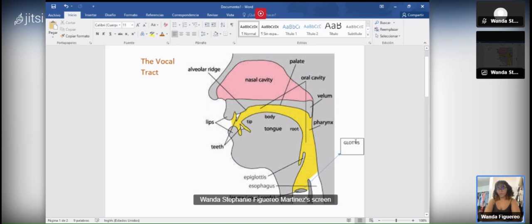The tongue actions in consonants can be produced by different parts of the tongue. In the sound of the letter T, for example, the tip of the tongue, this part here, is used.